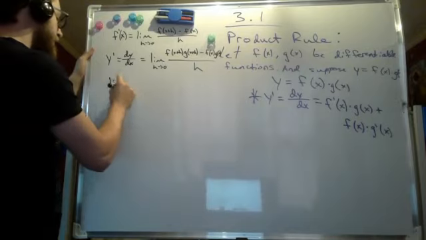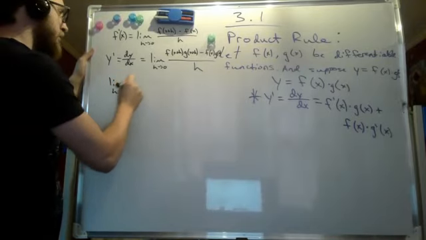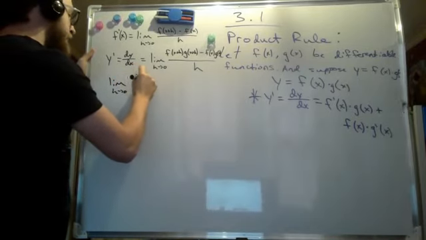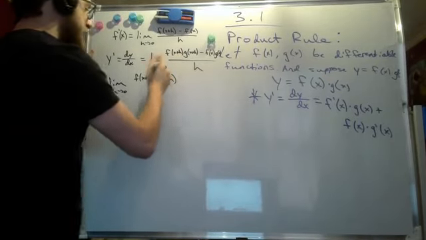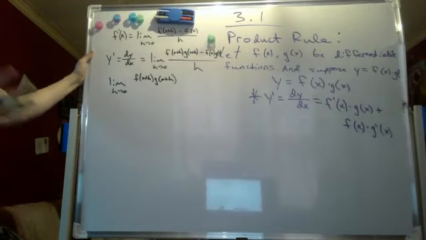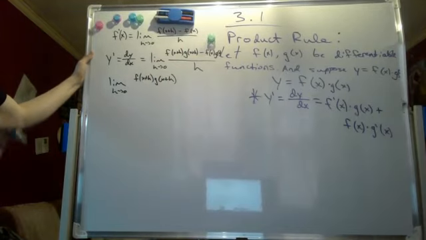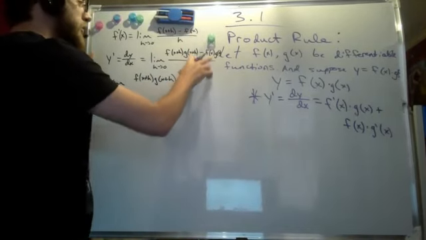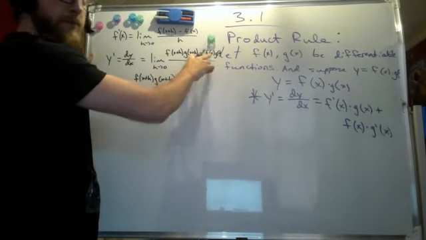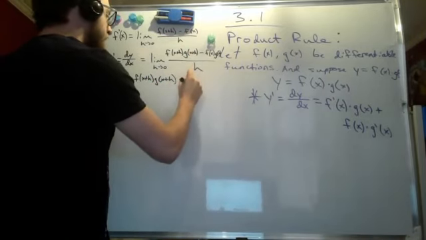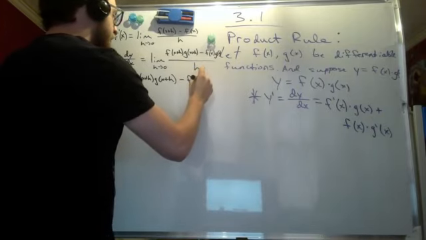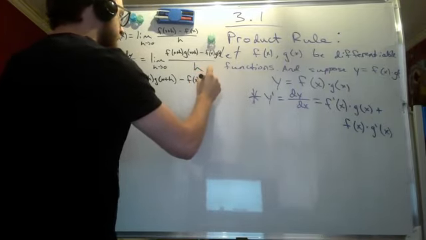So we have the limit as h goes to 0, f of x plus h times g of x plus h. Right now I'm just recopying what we have. Now here's where I'm going to do something different. I'm going to, here in the middle, between these two terms up here, subtract f of x g of x plus h.